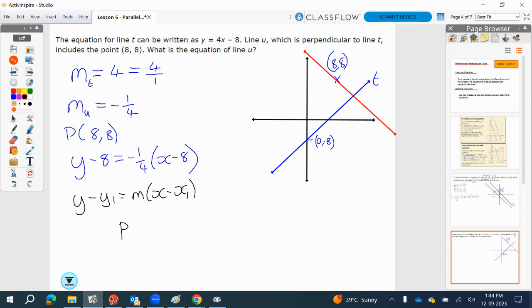We call this point slope form, or point gradient form. That's where the point is that it goes through. This point here is x1, y1. That's the point.